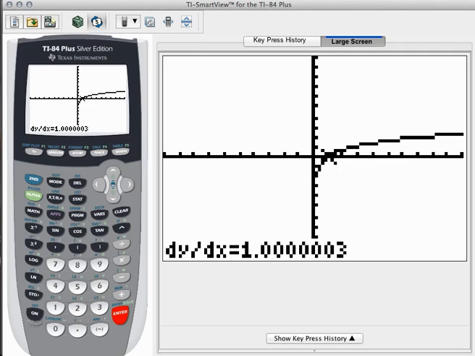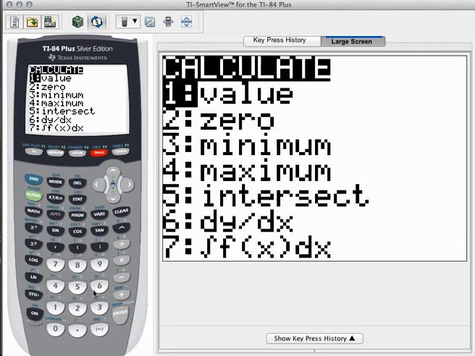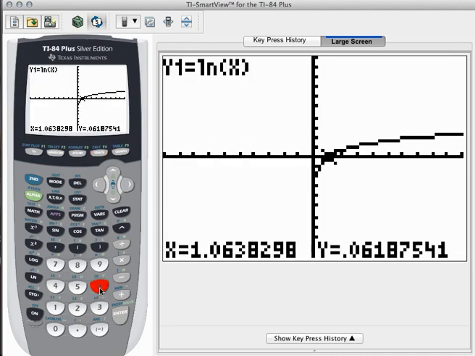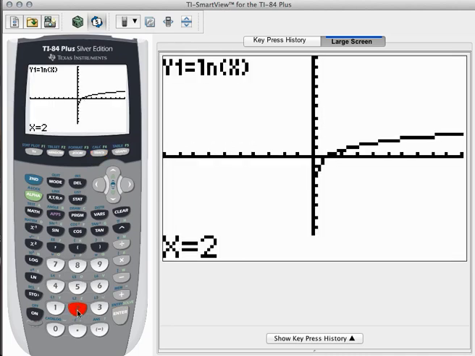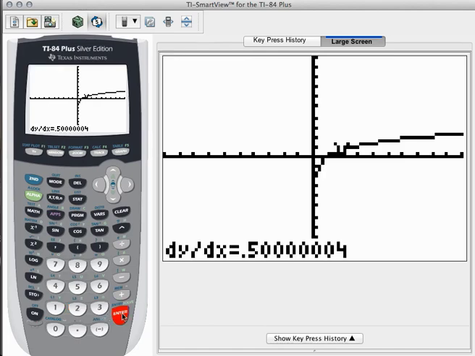So let's try another one. Let's try when x equals 2. So we'll do second trace again, down to number 6, and just type in 2 and hit enter. So we find that the derivative at x equals 2 of the function y equals natural log of x is approximately a half.